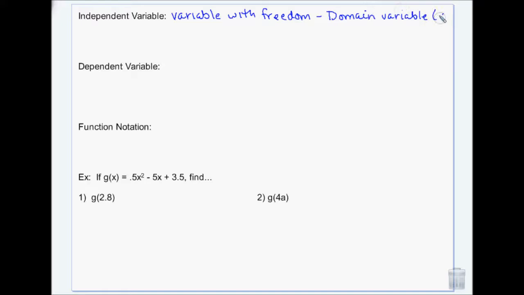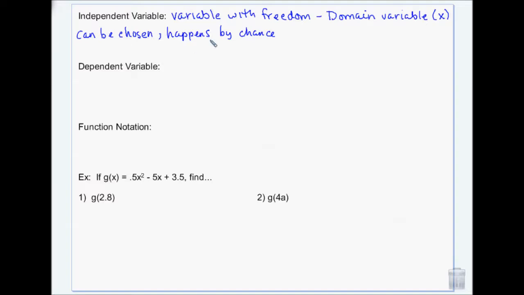So it's usually an x, and it can be chosen, or sometimes it happens by chance. This is the free one. This is the one that gets to be whatever it wants to be, whether that's been chosen for it or whether it just happens by chance.